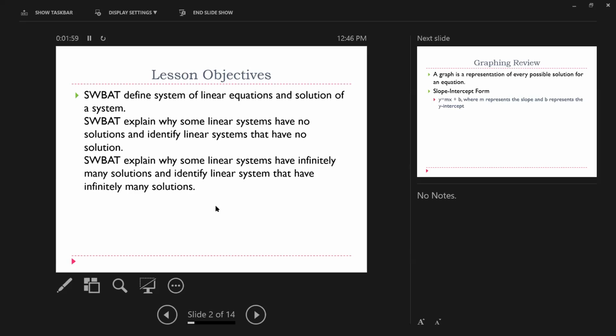Now we've seen some equations where there is no solution. In other words, all the variables get canceled out and we end up with something at the end that's not true. That's no solution. It's going to look a little bit different here with the systems because now we're talking about two lines that get graphed together on the same graph.